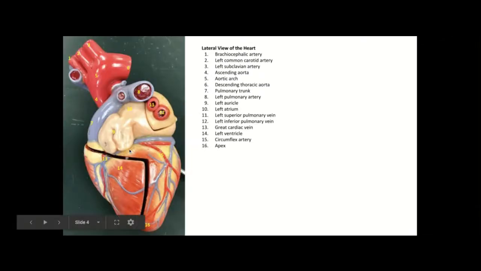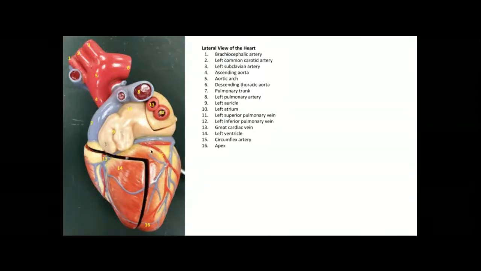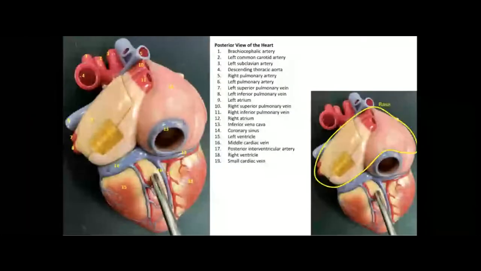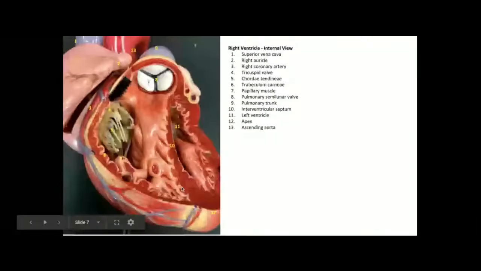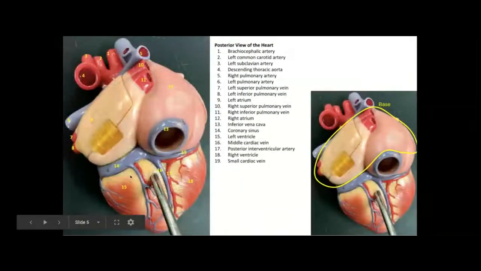And this is the left side of your heart, and in this left side, you can see the circumflex artery. This is the circumflex artery. The circumflex is the branch of the left coronary artery. And this is the back of the heart. In the back of the heart, you have these two veins.